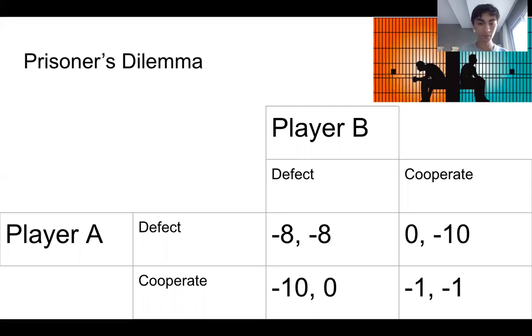So when you're repeating Prisoner's Dilemma, you actually have to come up with strategies to do well. So if you always defect, you're either going to get -8 or 0. And if you always cooperate, you're either going to get -1 or -10. So always defecting is better than always cooperating.